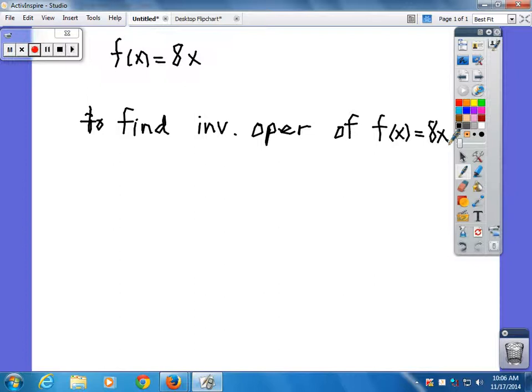Let's put our pinkies down and go back to elementary pre-algebra, algebra 1, and say y is equal to 8x. That's the first thing you do.